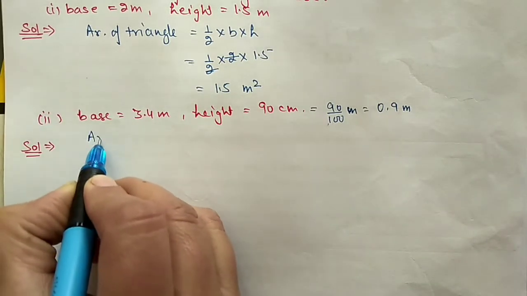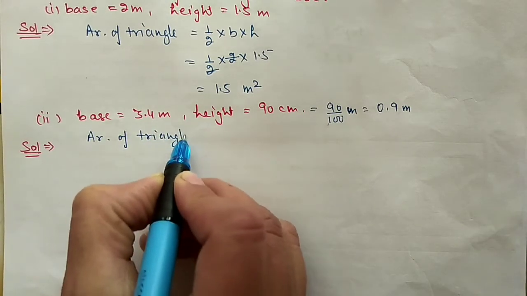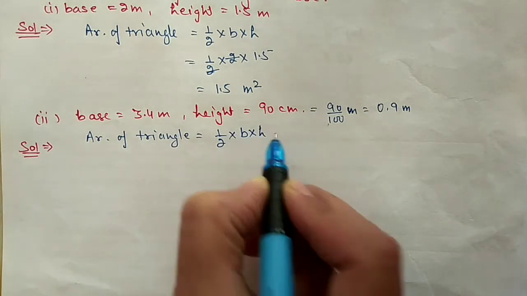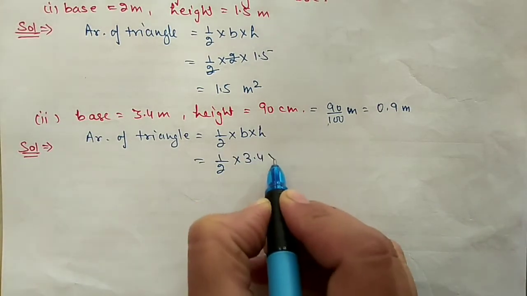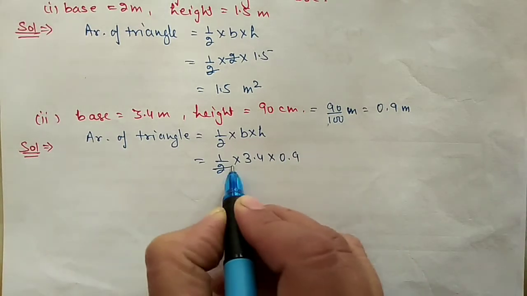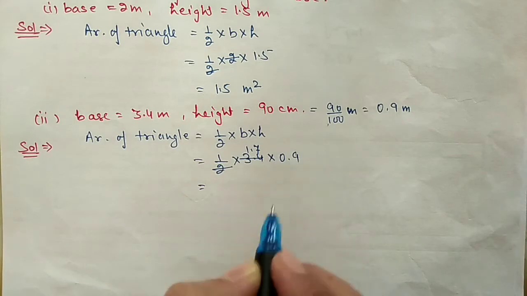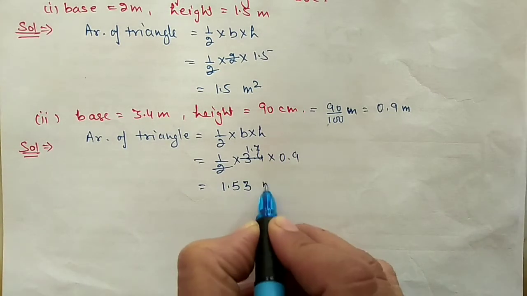So area of triangle is equal to half base into height. Substitute the values. Half of 3.4 is 1.7, and 1.7 into 0.9 will be 1.53 meter square.